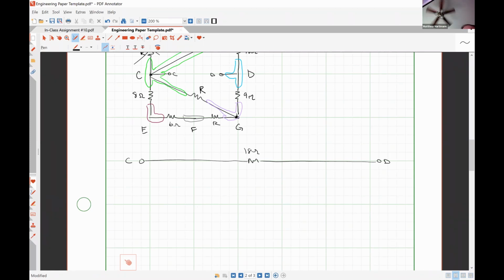So from C to G, there is a resistor R. So I'm going to put G here. Looks like as good a spot as any.